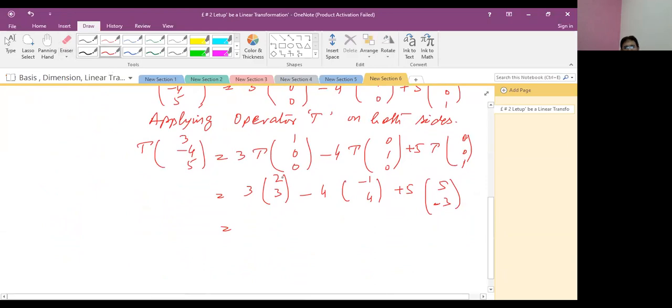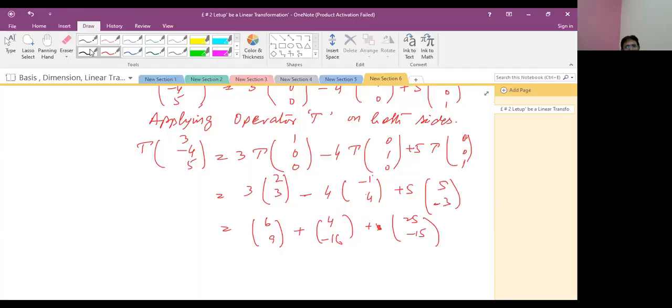So student, 3 multiplied by each column vector: 3 times 2 is 6, 3 times 3 is 9. Minus 4: minus minus plus, 4 times 4 is 16, 4 times 1 is 4. Plus 5: 5 multiplied by 5 is 25, 5 times minus 3 is minus 15.